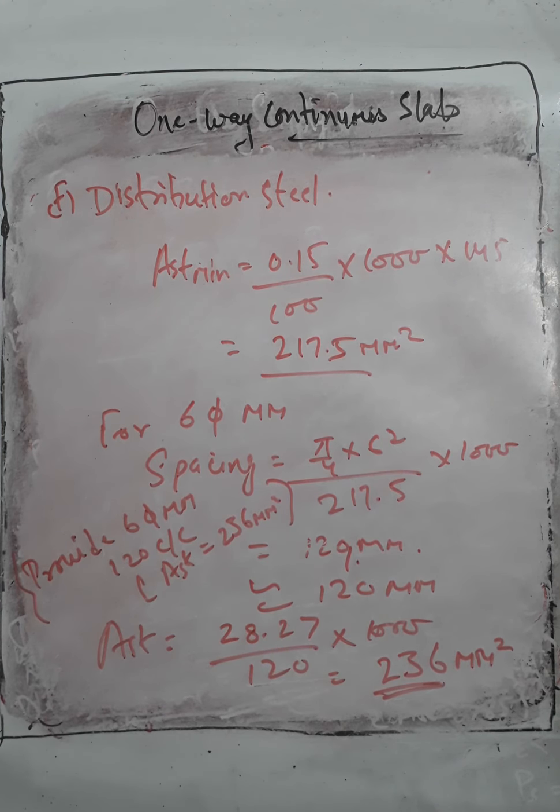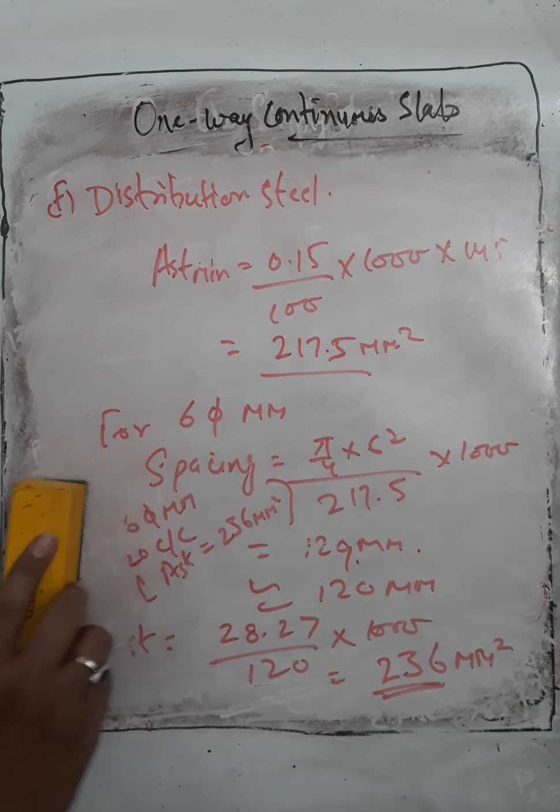So the distribution steel is done. Here we have provided a 6 mm dia bar, the total area for that bar is 236 mm square, and that bar is provided at 120 center to center.